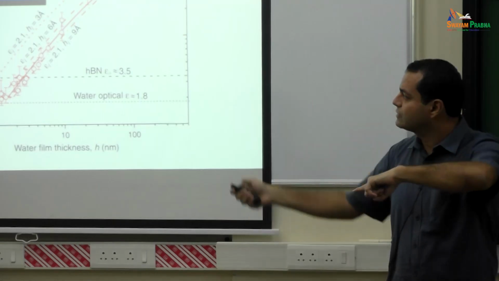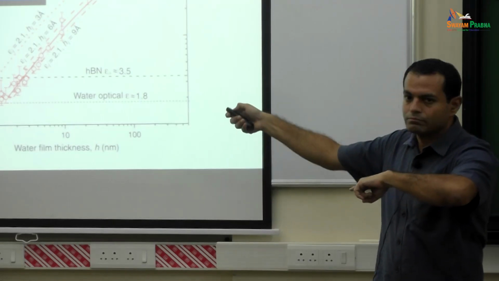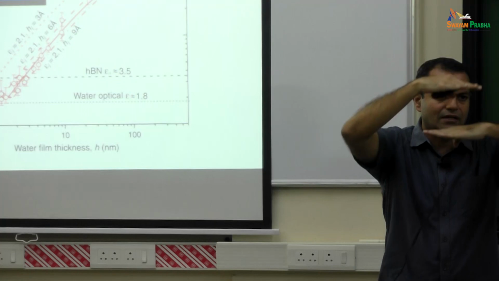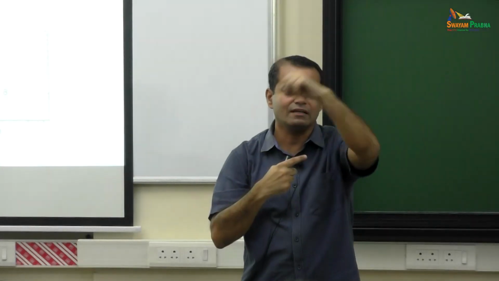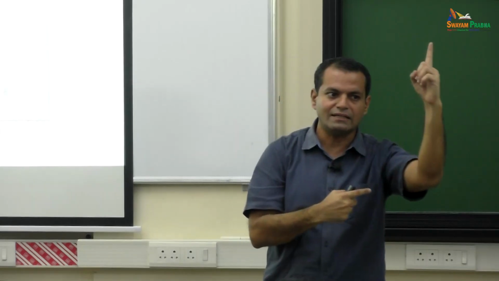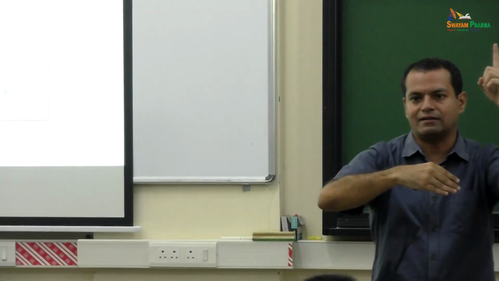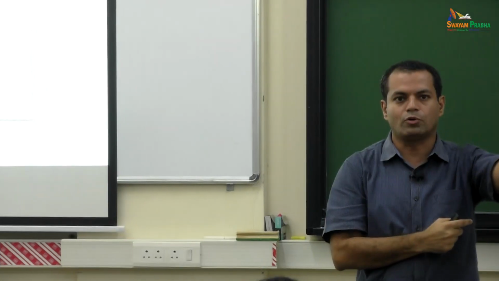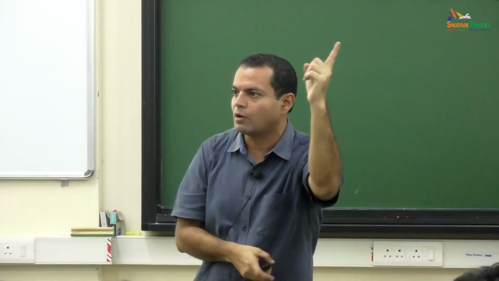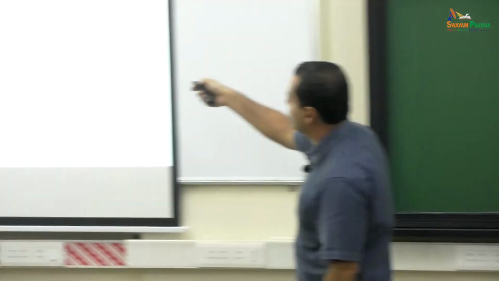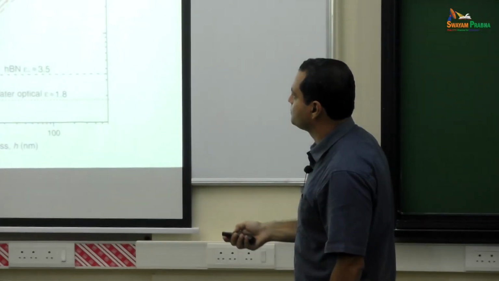The electric field is applied between these two capacitor plates, which are so tiny, the distance between them is a nanometer. When the electric field tries to orient them in that direction, the walls are repelling that, and they won't allow this dipole to be oriented. You can still orient them in the plane, but you can't orient them out of the plane. That brings the dielectric constant from 80 to 1.8.